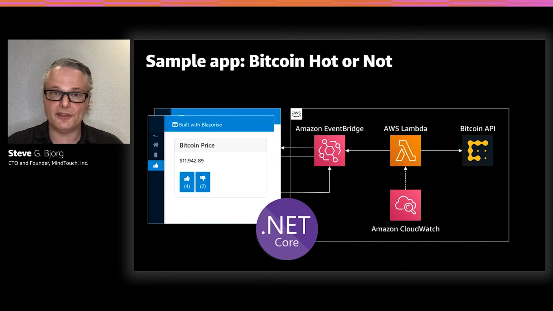We then publish it on a regular schedule, like once a minute, onto Amazon EventBridge, and the frontend is subscribed to those events, so it receives them and can update itself. Similarly, when either an upvote or downvote comes in, that is sent to the backend as a CloudWatch event as well, which is then propagated to all open clients, so all the clients can see how many up and downvotes there were. And the whole application, backend and frontend, is all built with .NET Core.